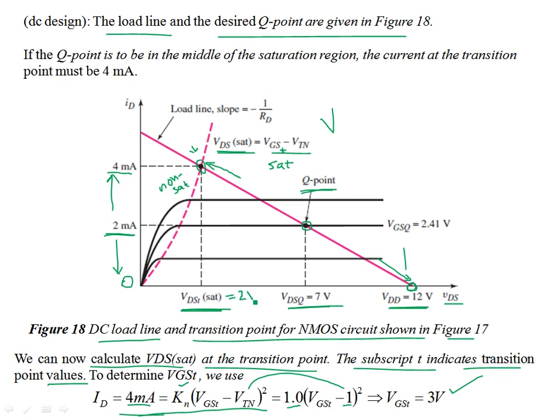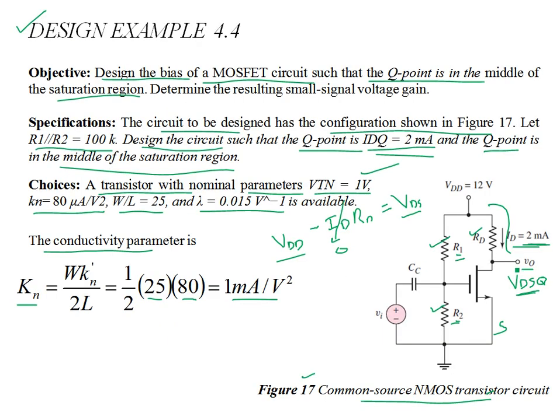And this other point is 12 volts, so the difference is about 10 volts. The halfway in between is 5 volts, so 2 plus 5 is 7 volts. So VDSQ is supposed to be 7 volts, and ID is 2 milliamps.